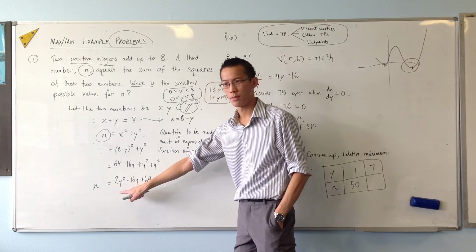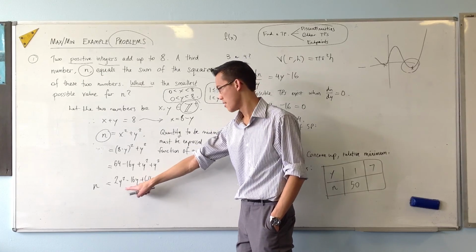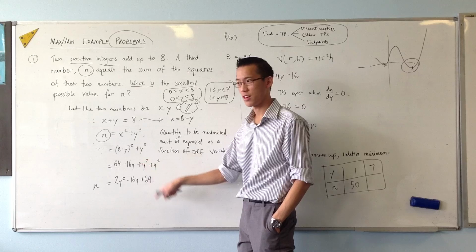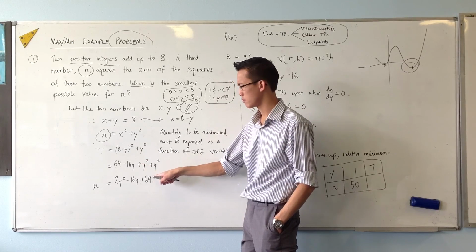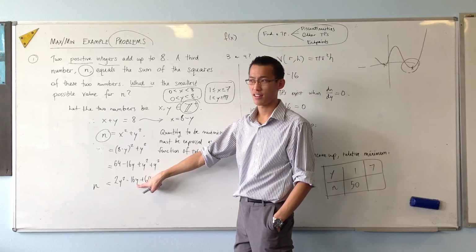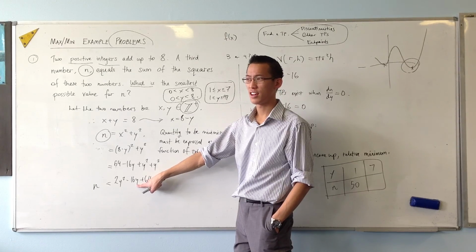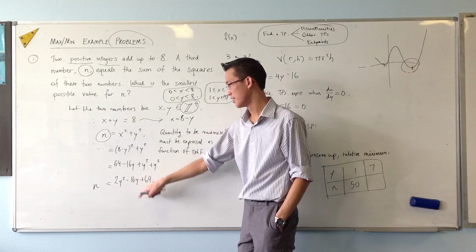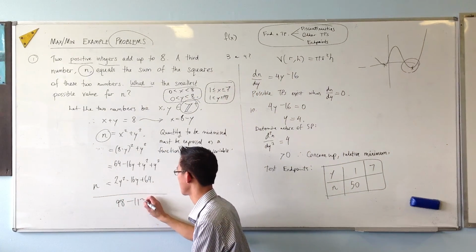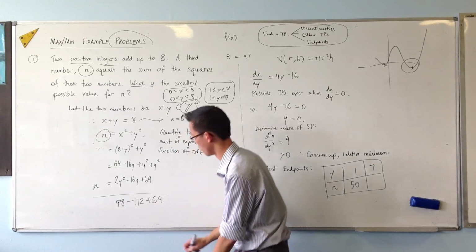2 times 49 is 98. Minus 16 times 7, that's 112. I should really write this down, shouldn't I? 98 minus 112 plus 64.